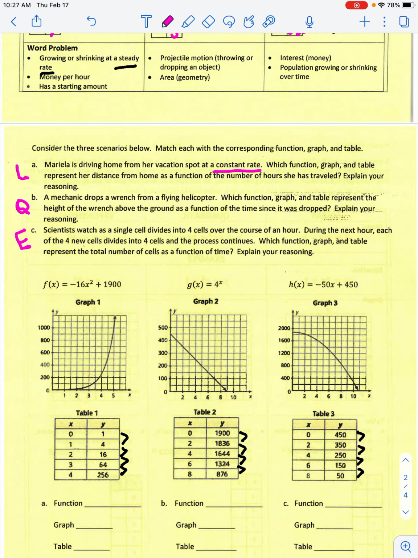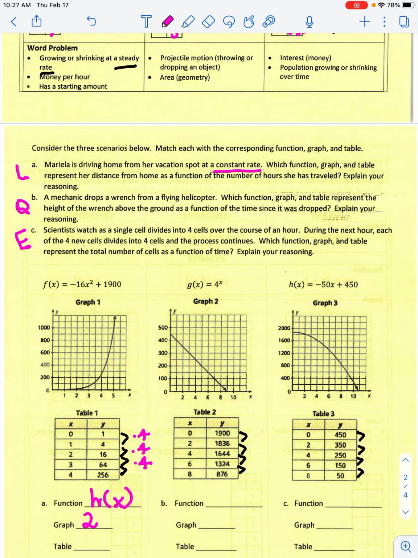So at the bottom, for A, which I think is the linear model, I need to find the equation that looks linear, and that would be h of x. So here I would put h of x. As far as the graph, that is linear is graph 2. And the table is the one that's tricky. I'm looking for the table that's showing the same first difference. As I look at the tables, my first table to me is looking like multiply by 4.